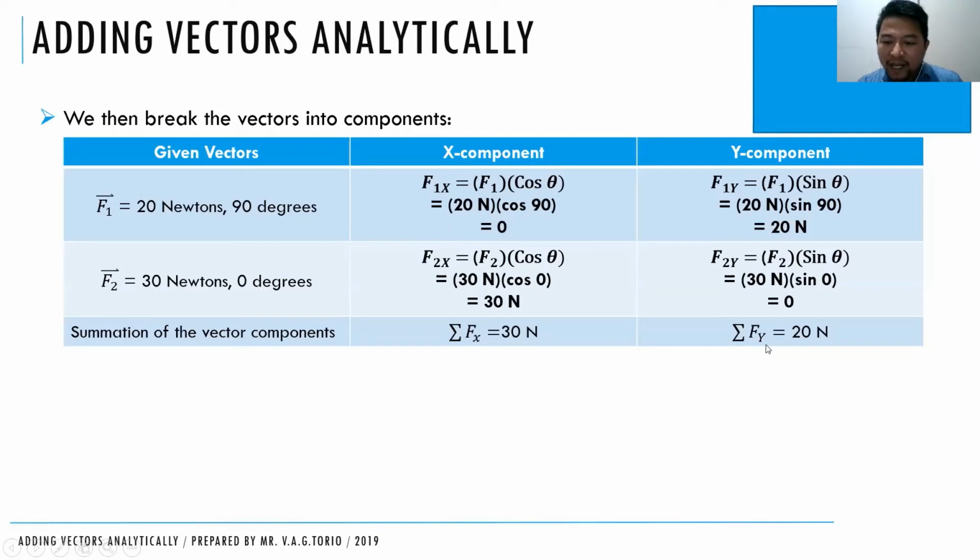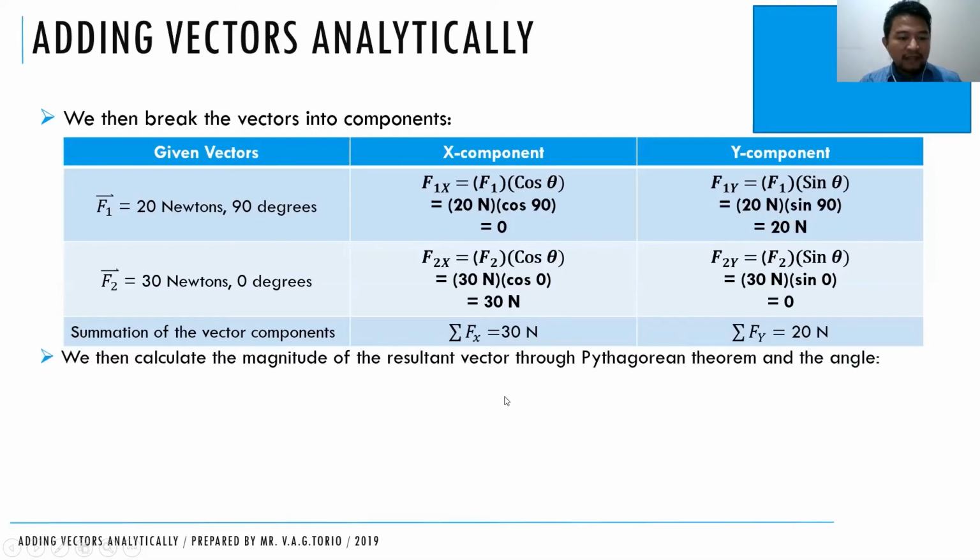That's f sub y. 20 plus 0 is 20 newtons. We now are able to calculate the summation of the components, and we are now left with the components x and y for our given vectors. We then are ready to calculate the magnitude and the direction of the resultant vector that we want to compute.